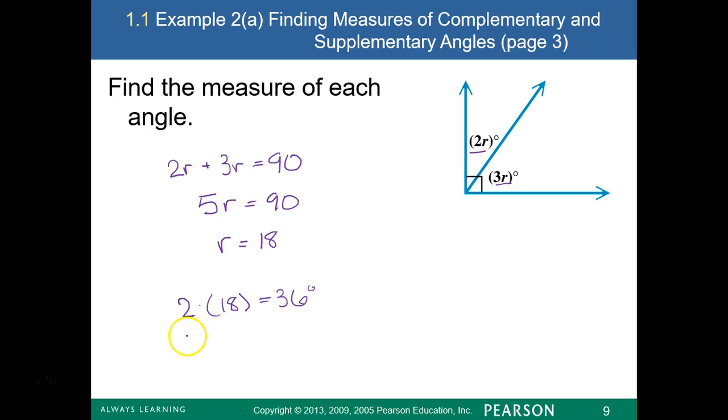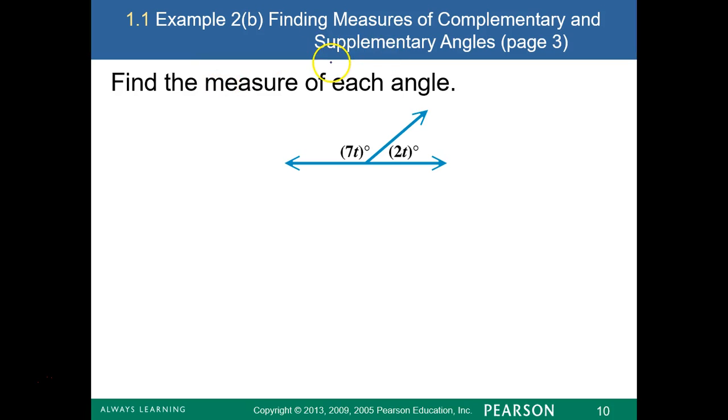And then the other angle measurement is 3 times 18, and that gives us 54 degrees. Notice that these two angles, if you add them up, you get 90, and that is hopefully what you end up with each and every time for measures that are supposed to add up to 90.